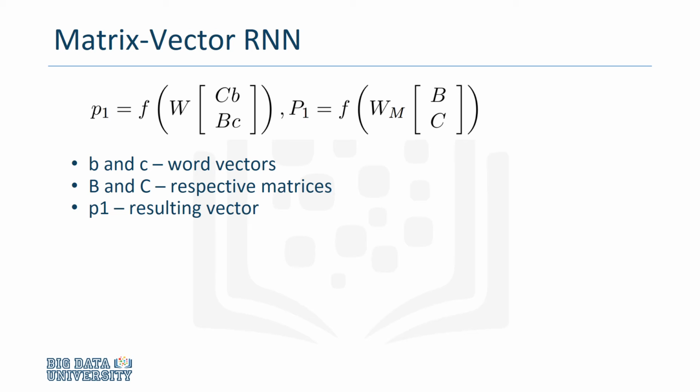Lowercase p1 is the resulting vector, while uppercase P1 is the respective matrix. Just like with basic recursive neural networks, a matrix W is multiplied with a matrix created from the word's representations. But in this case, the matrix created is much more dependent on the relationship between the 2 input words. The problem with this model is that the number of trainable parameters becomes too large as the vocabulary size increases.